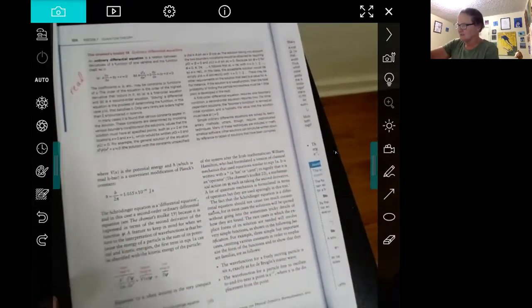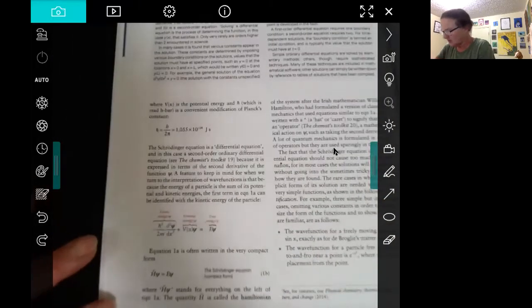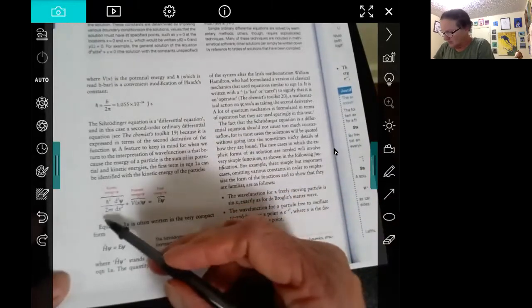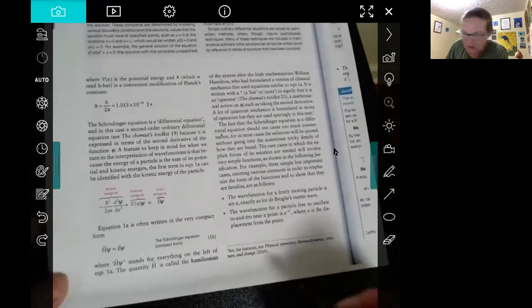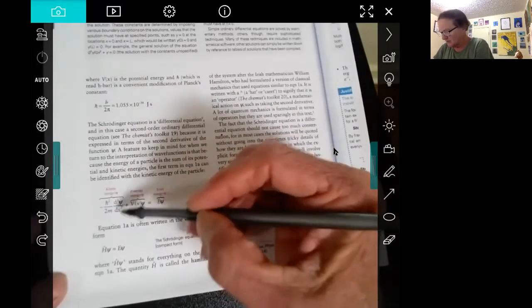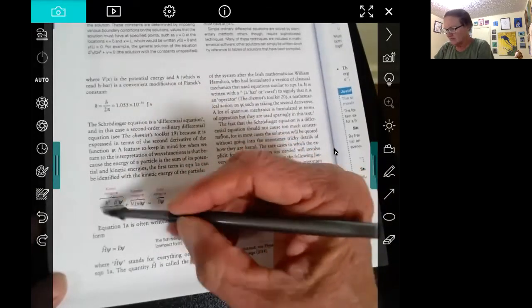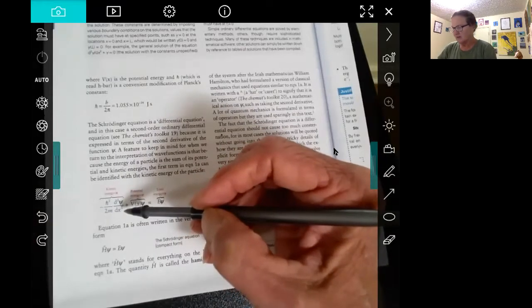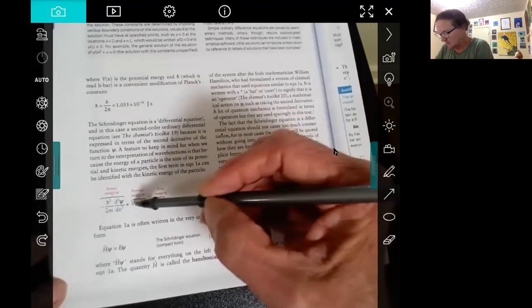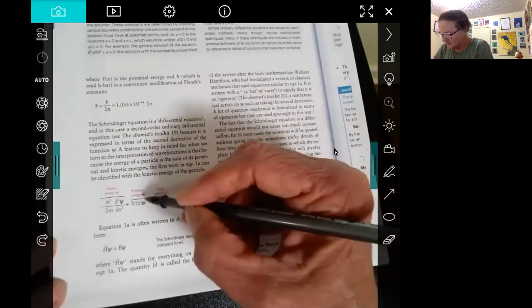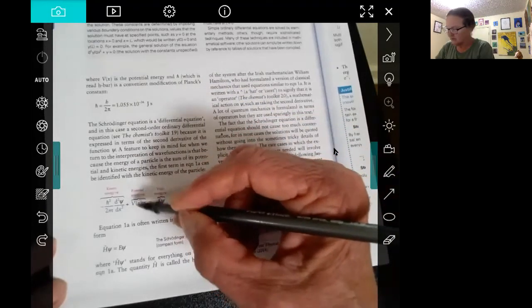When we look at Schrodinger's equation and pull it apart, this first term, the negative h bar squared over 2m times the second derivative, that's considered the part of Schrodinger's equation that gives you the kinetic energy. The second term, the V of x, that's usually the symbol given for potential energy.